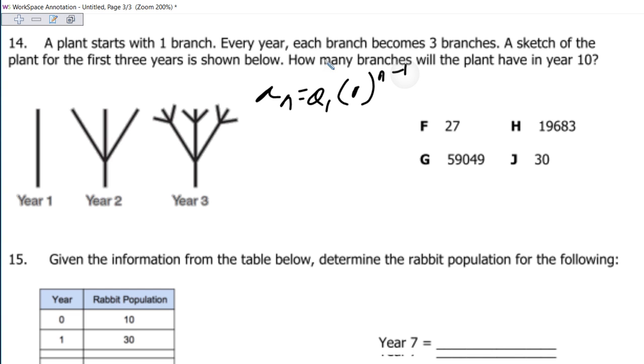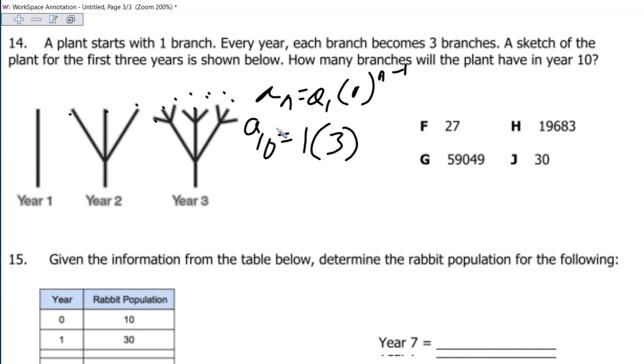So, let's see, we're going to go with 10 years. So, A sub 10. Okay, we started off with 1 branch. Our R, we're multiplying by 3 each time, so 1, 2, 3, 4, 5, 6, 7, 8, 9. Every year we're multiplying by 3.